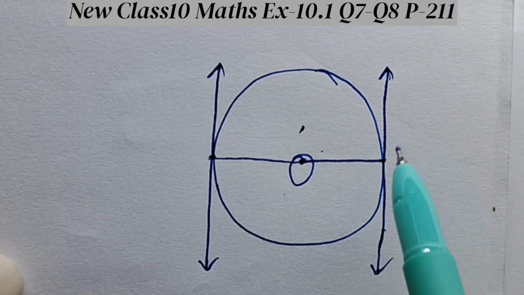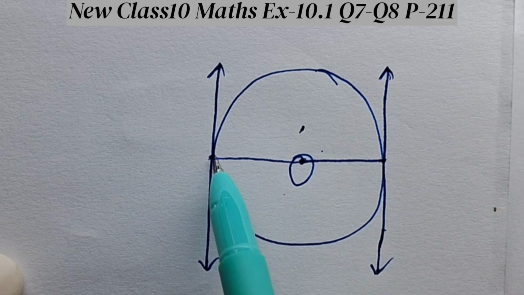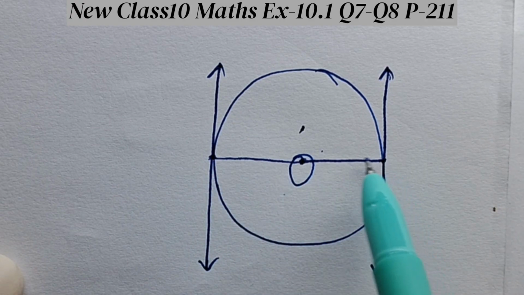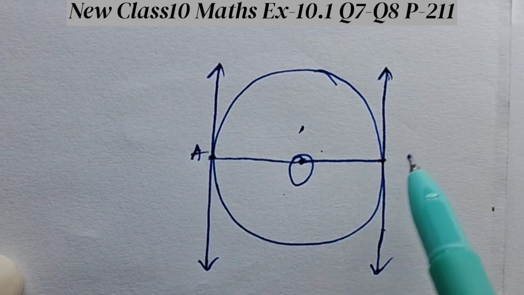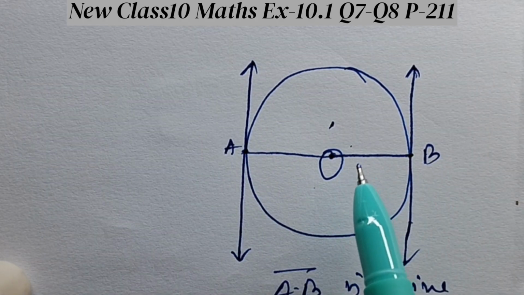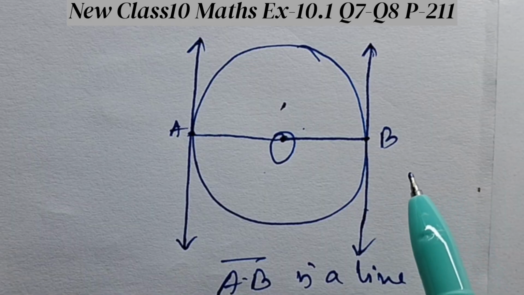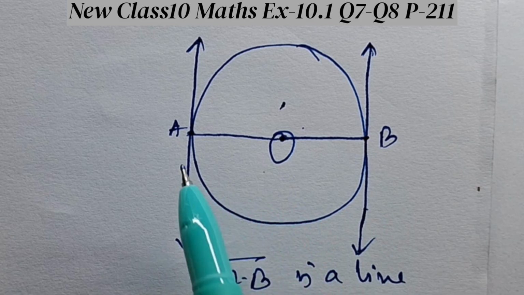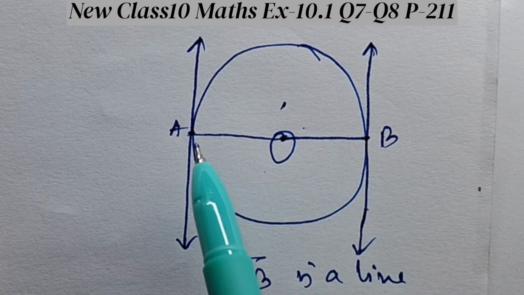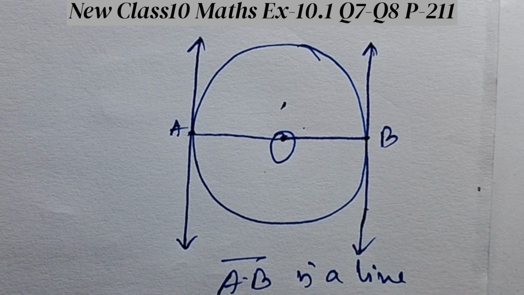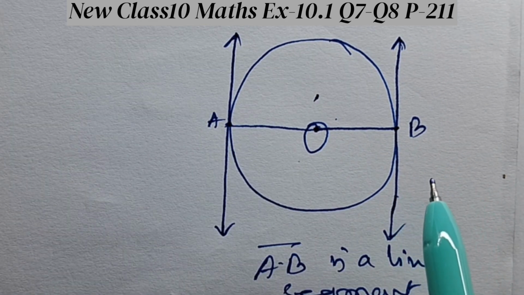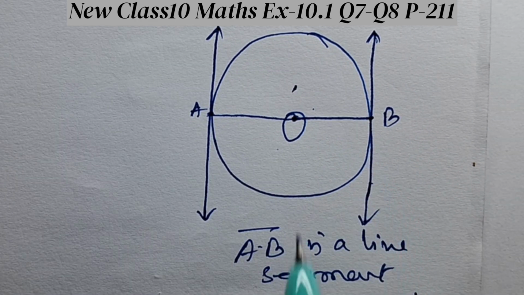In between the 2 tangents, there is only one line segment. This is not a line. This is a line segment, say AB, passing through the center and 2 distinct points of the circle. So this is a diameter only. It is not a secant because this is not a line. A secant is a line, but a diameter is a segment intersecting 2 points and passing through the center.